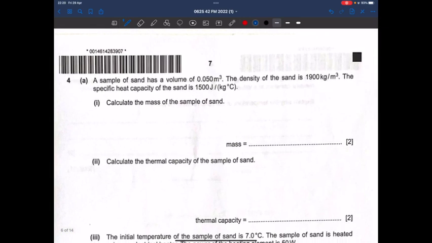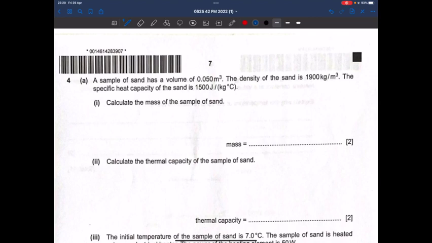In question 4, a sample of sand has a volume of 0.05 meter cube. The density of the sand is 1,900 kilogram per meter cube. The specific heat capacity of the sand is 1,500 joule per kilogram degrees Celsius or Kelvin, because this is just a change in temperature.